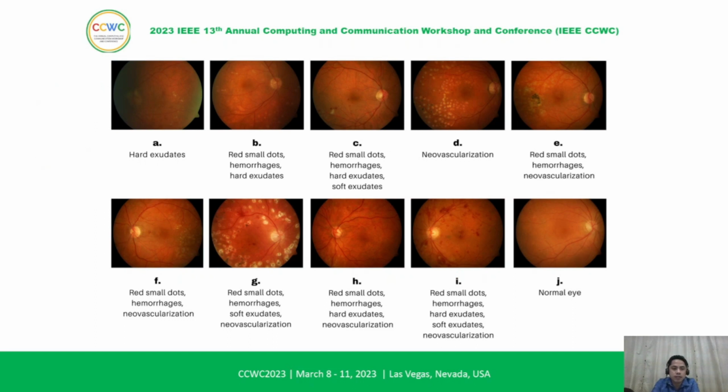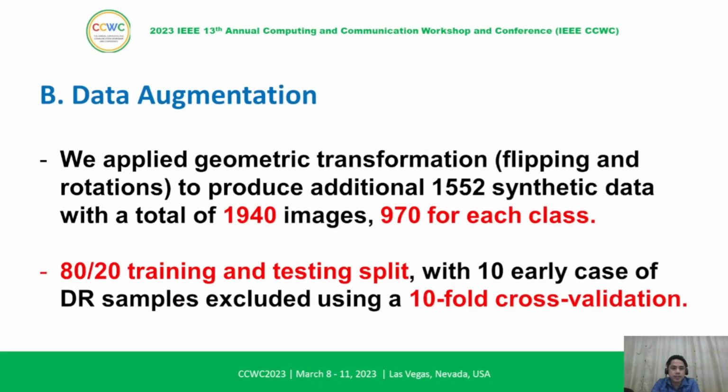Here are some sample images that exhibit diabetic retinopathy, including a normal eye, as you can see on the letter J. For the data augmentation, we applied geometric transformations in order to increase the data set, as neural networks rely mostly on a big data set.